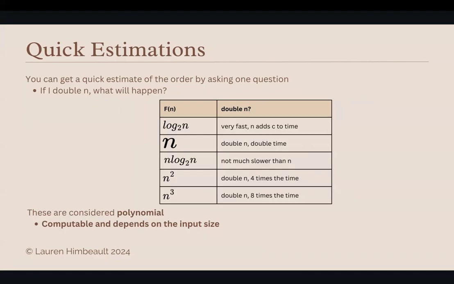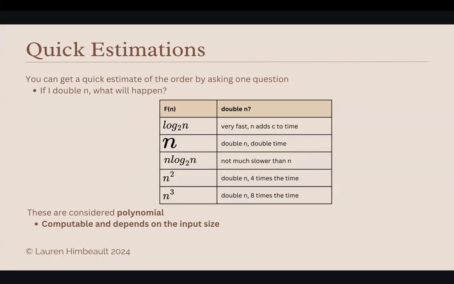So here we have some reasonably spaced values. What happens when we double n? For log n, it's very fast, right? Doubling n just adds a little bit of time, it adds c to the time, some constant value. It's not very much.